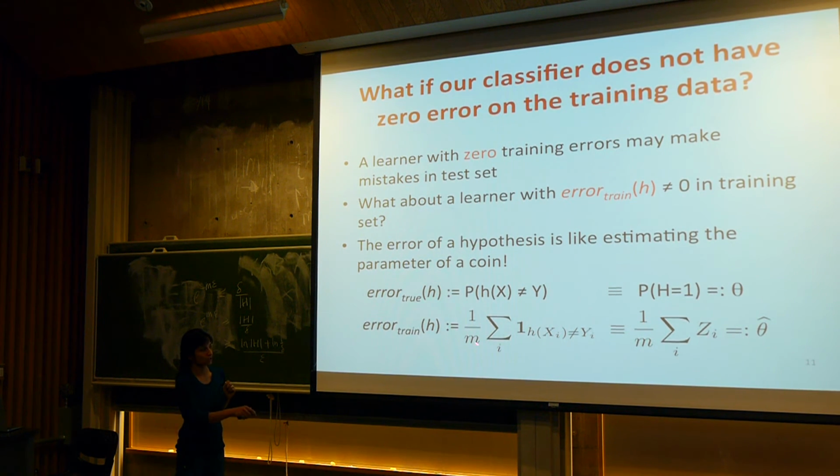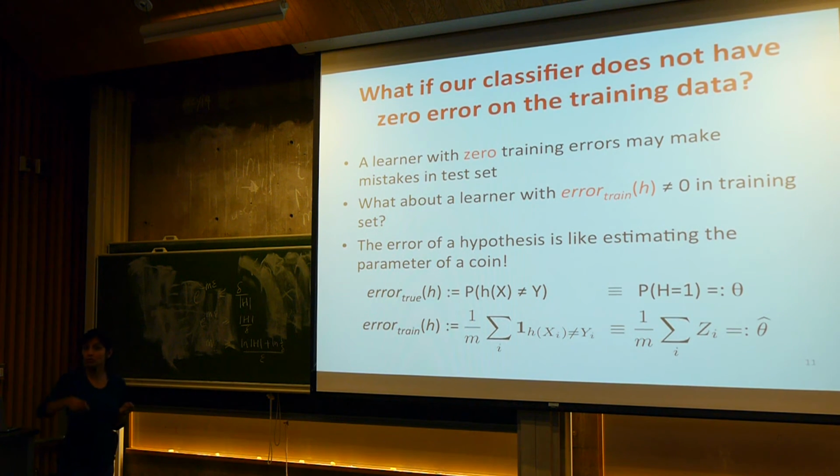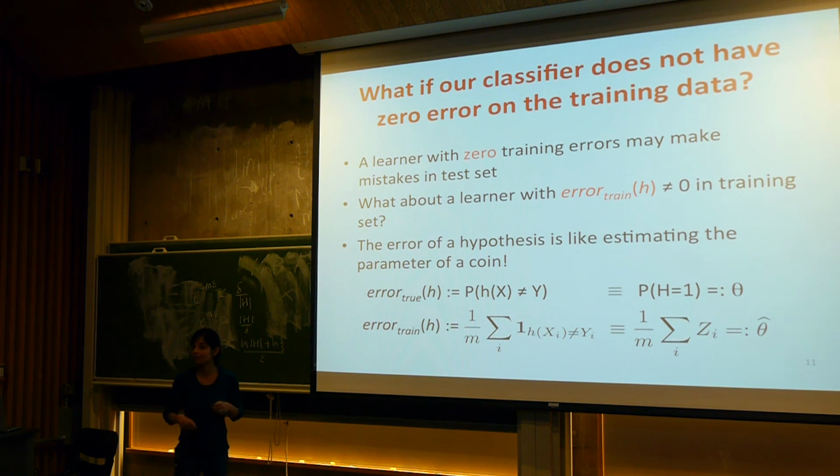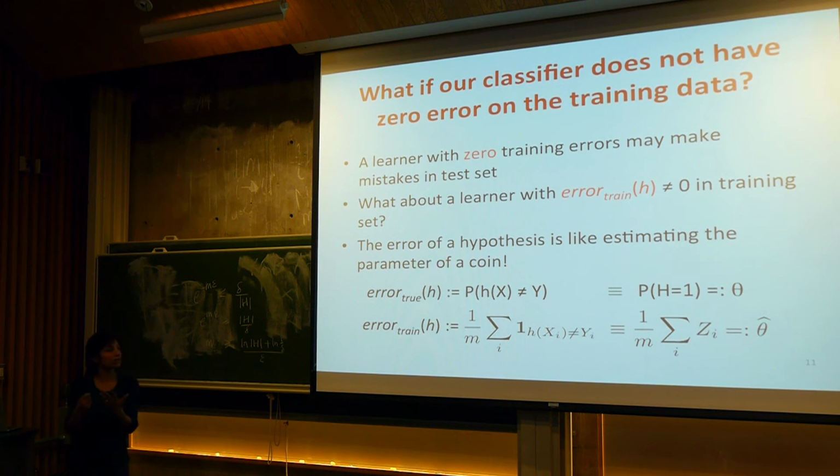Well, that's just empirically counting how many mistakes you made on the training data set, right? We'll think of that as an estimate of the probability that the coin will land heads. We just do a bunch of such coin flips on our data, whether we can match its label or not, and we just take an empirical average, right? That's how you would have estimated the probability of heads for a coin toss, right?